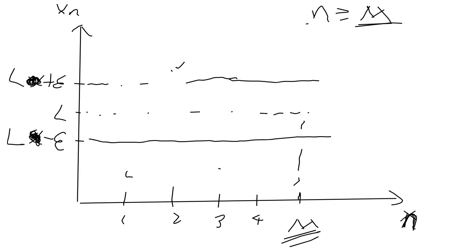That's why it's written like this: x_n minus L is within that boundary right here. When you expand it, you get L plus epsilon, L minus epsilon. So there is a sufficiently large M, and that M is located on this axis. So this is where M would be, on the n-axis.